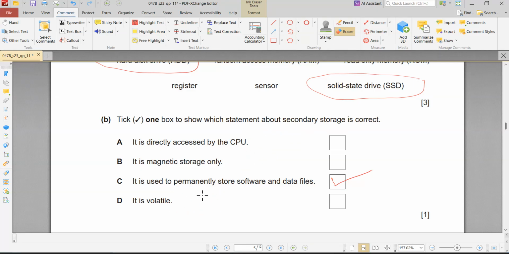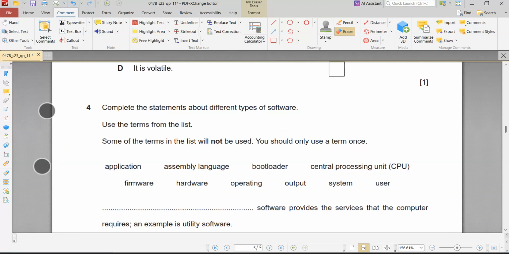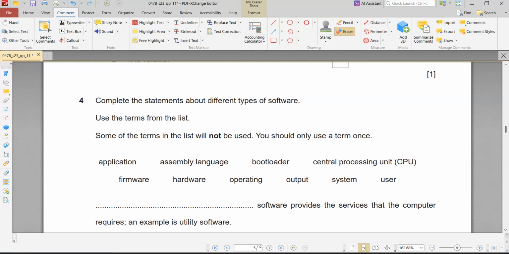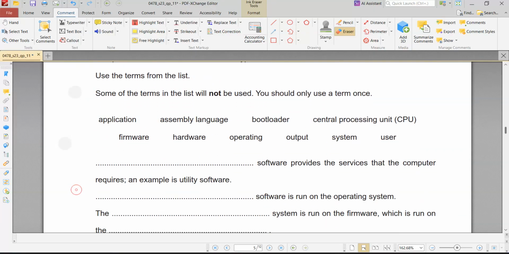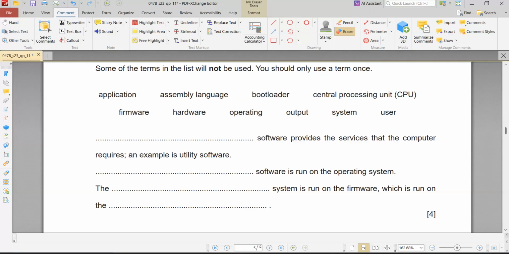Going into the next question, in number 4, the examiner says complete the statements about the different types of software. Use the terms from the list. We have to put the right one in each space. Software that provides the services that the computer requires, for example utility software.